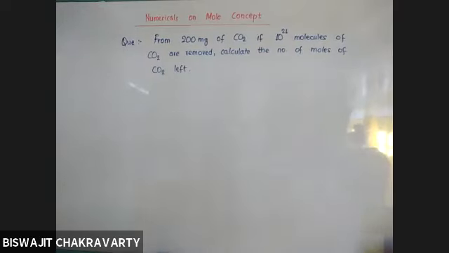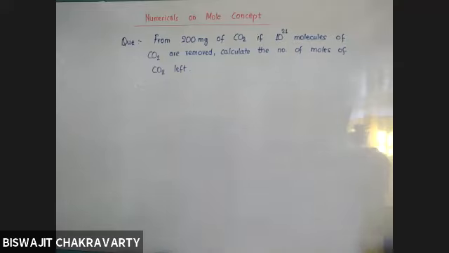Okay. So you are given 200 milligram of carbon dioxide, and from that, if you are asked to remove 10 to the power 21 molecules of carbon dioxide, then what will be the number of moles of CO2 left?